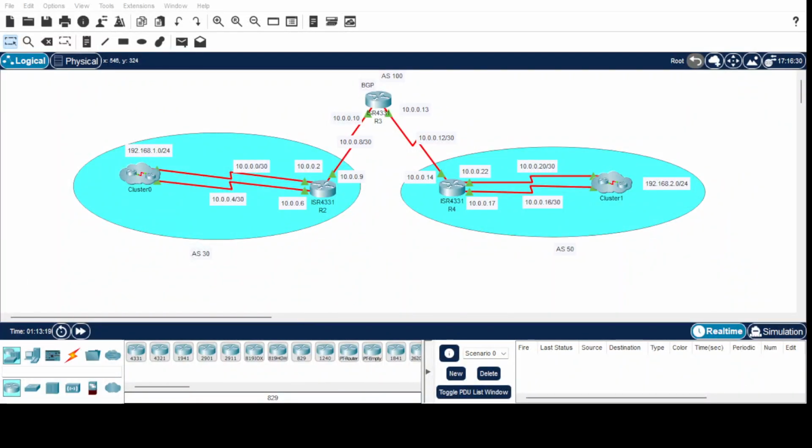So at the edge router of cluster 0, I have exchanged the routing information between the routing protocols. So let's do the same for the edge router of cluster 1, router number 4.